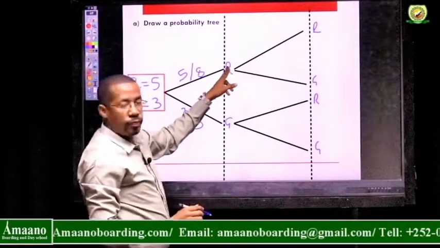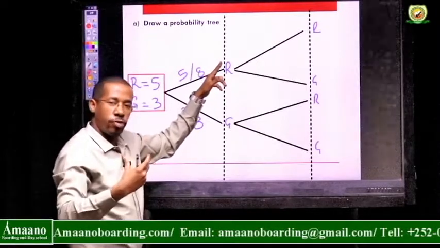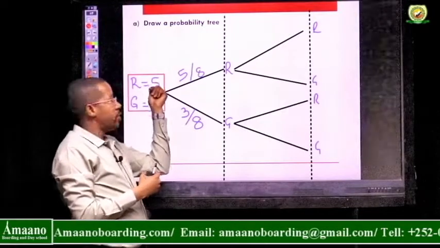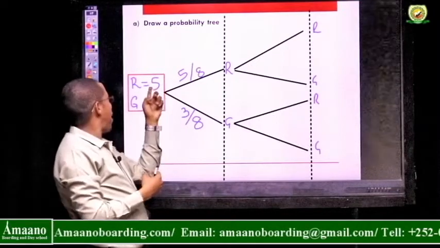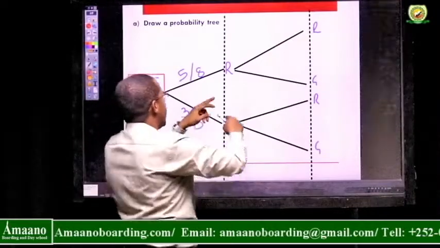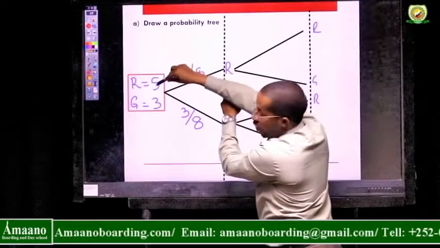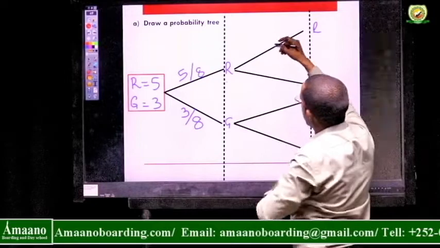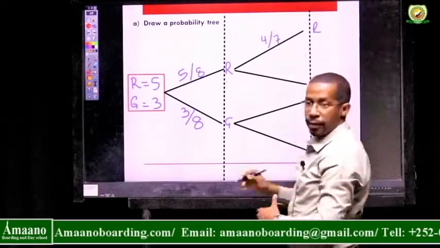When I'm here, it means that he took red during the first draw. So if you take 1 red from here, the total will reduce and become 7. And then these reds will become 4. So what does that mean? It means that from here onwards, you have 4 reds and 3 greens. So the probability of red now during the second draw will be 4 divided by 7.